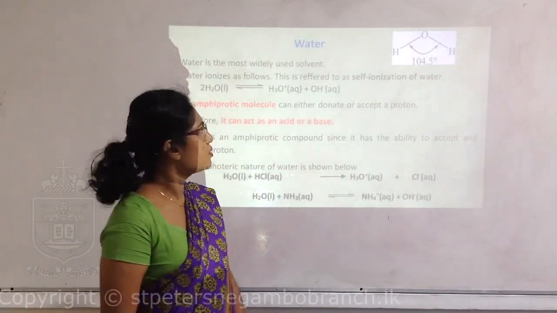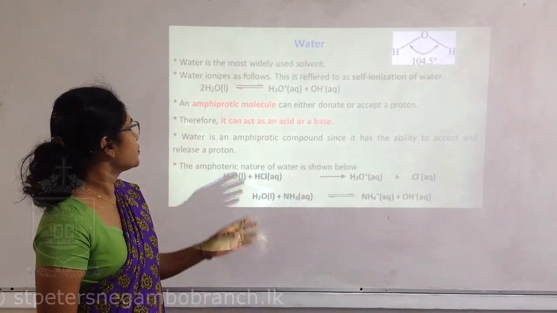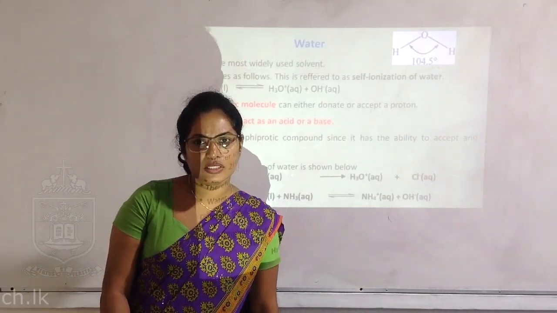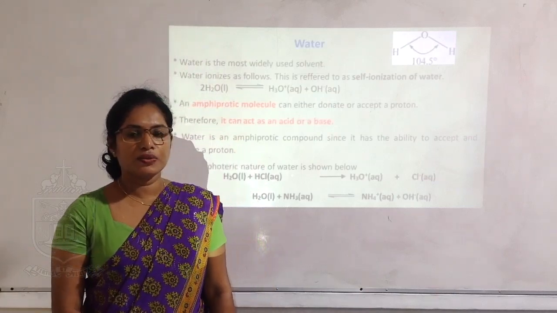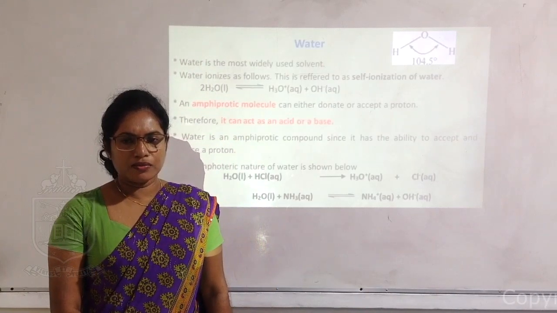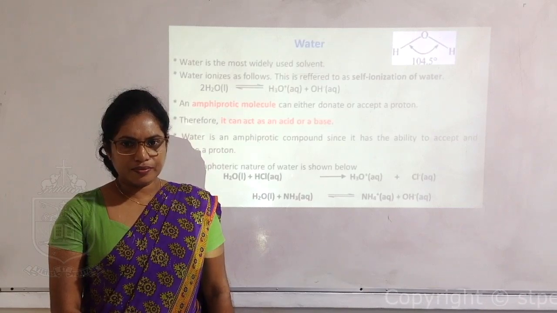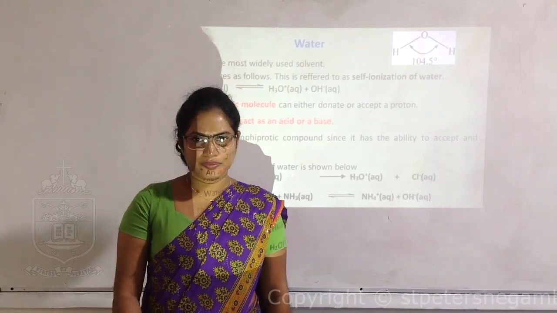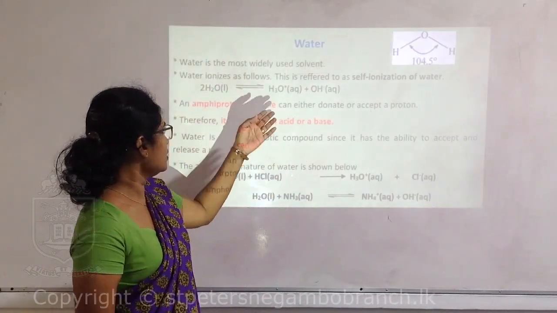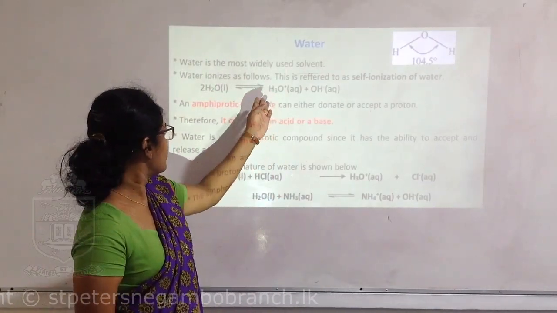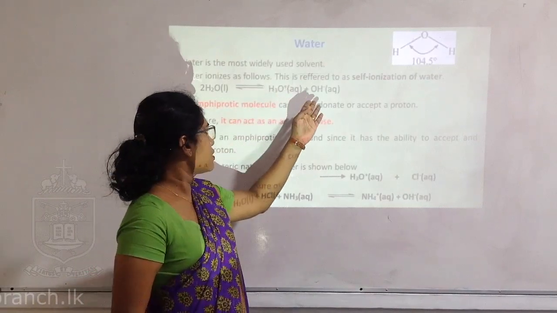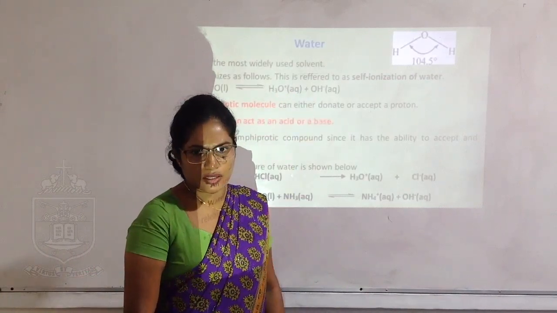First, let's take water. Water is very important because water is the most widely used solvent, and water self-ionizes according to this equation, like this: H3O plus aqueous ion and OH minus aqueous ion.